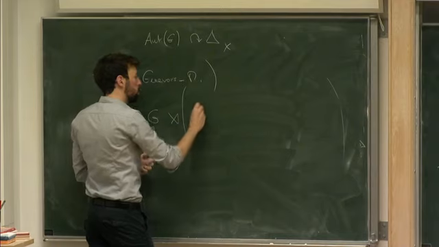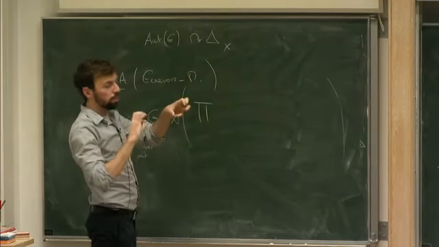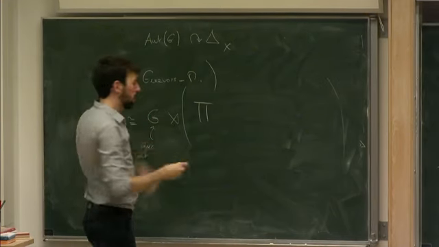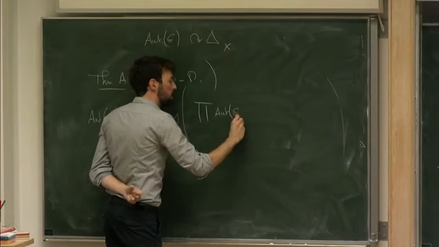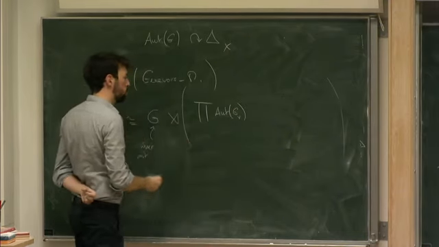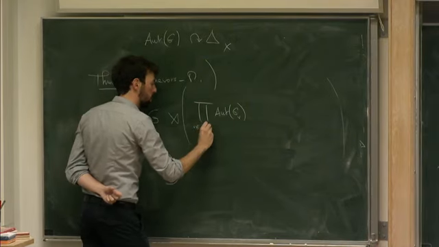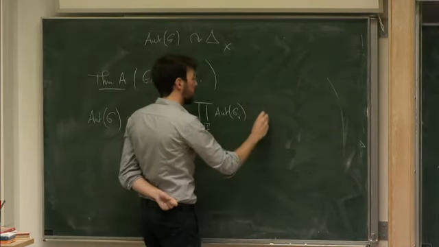The first thing you can do is take an automorphism of each of the local groups and put them together. So what you get is the direct product of the Aut of GV, for V a vertex of your graph.